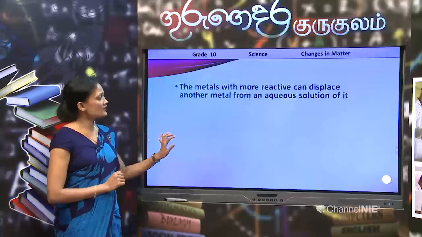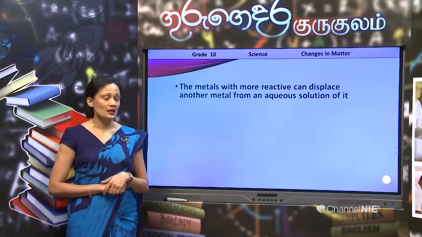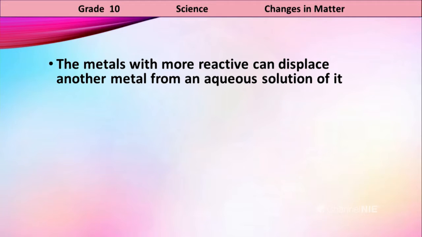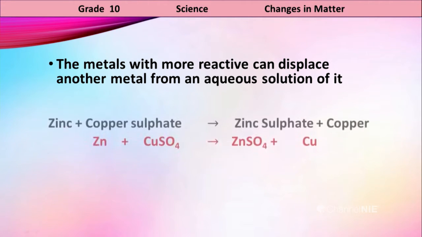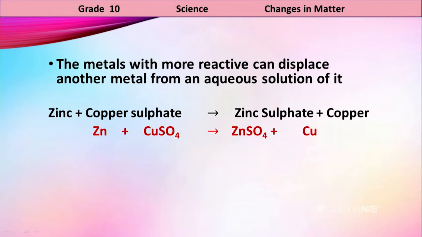So, I am going to explain about that one. The more reactive metals can displace another metal from an aqueous solution of its salt. That's why when we add zinc into copper sulfate, they form zinc sulfate and copper. Here zinc is more reactive than copper.